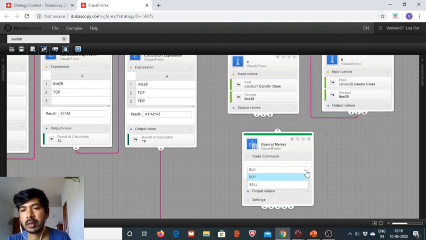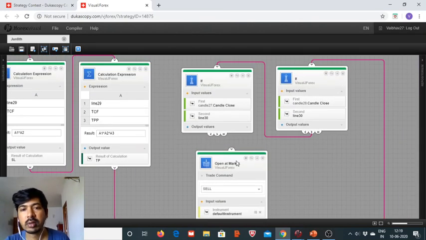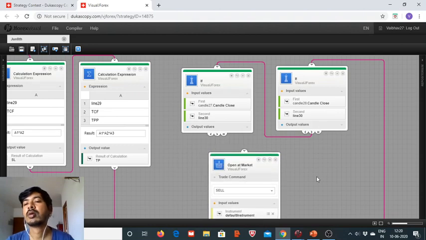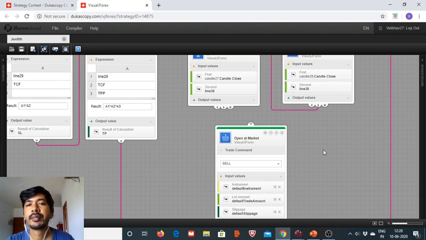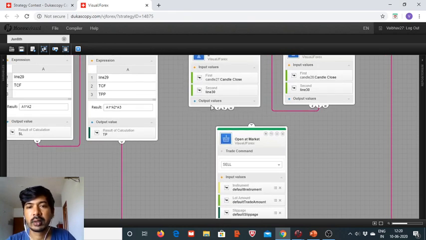It will be a sell order and we need to define the input values. Candle 27's closing level needs to be less, so we define this first input less than the second input.